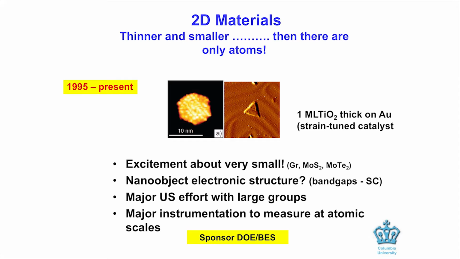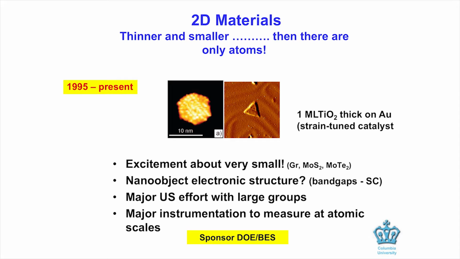I like to show this one because I thought maybe Jingwen Chen would come in, and so I wanted to show that you can make catalysts with this and you can strain tune it. This is work that I did with Dennis Potapenko down in the basement a couple years ago, and it was funded by DOE Basic Energy Science. There's been a lot of excitement about very small nano objects.